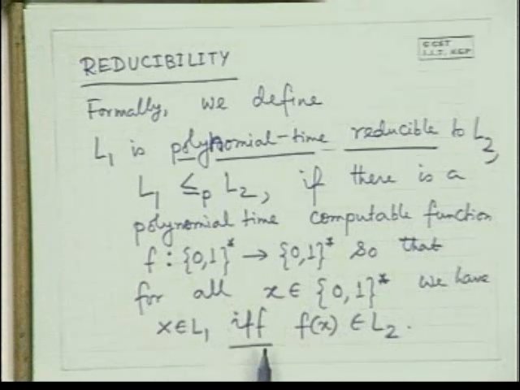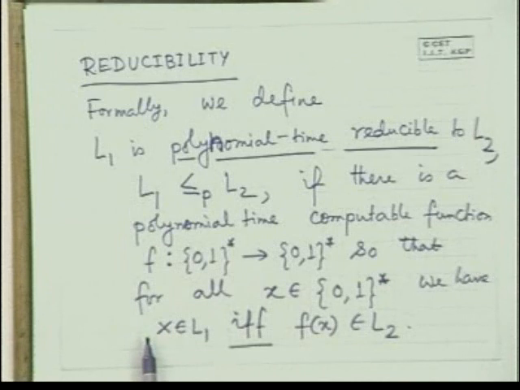So what does it mean? Let us see. We have taken x belongs to L1, which means this is an instance of the problem denoted by L1 for which the answer is yes. Because that's the way we formed the language L1 for that problem. If you go back, L1 consists of all those strings for which the answer is yes.